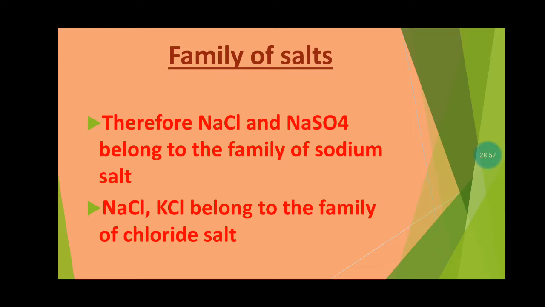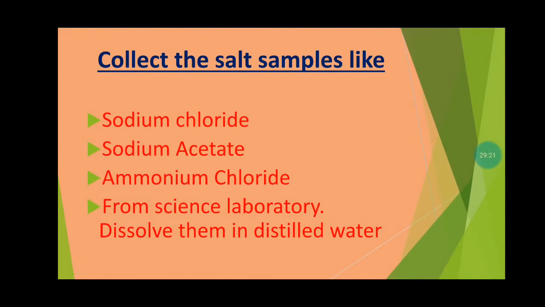Next, another type of salt. If we take NaCl and KCl, which anion is common here? Chloride ion. Therefore, it is named a chloride salt. Now, from the laboratory we collect salt samples like sodium chloride, sodium acetate, and ammonium chloride, and dissolve them in distilled water.